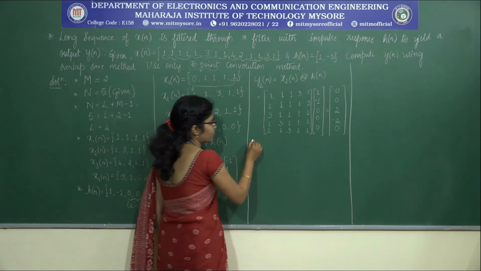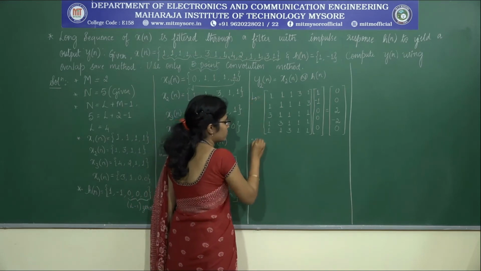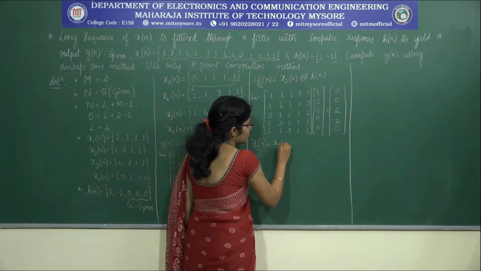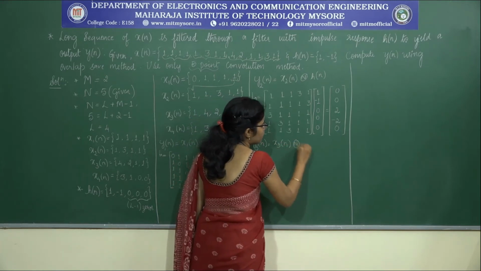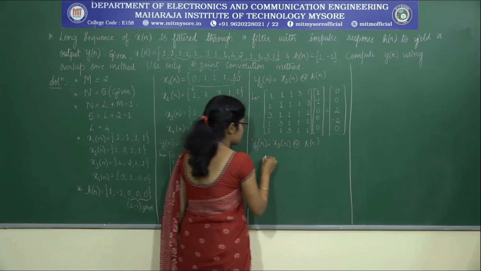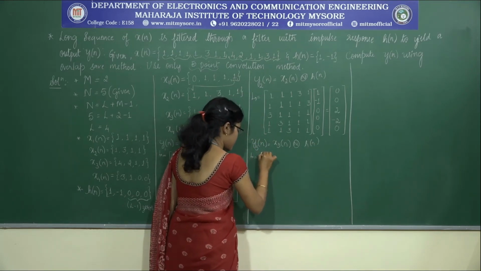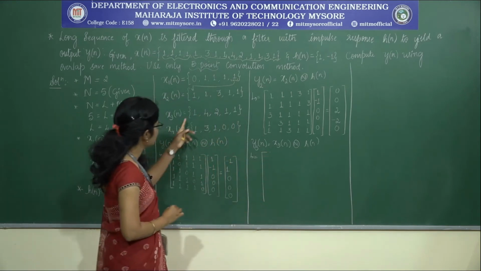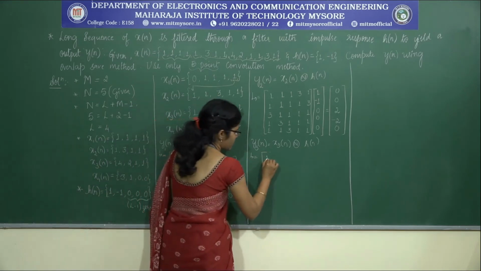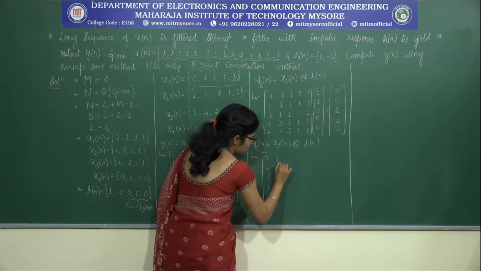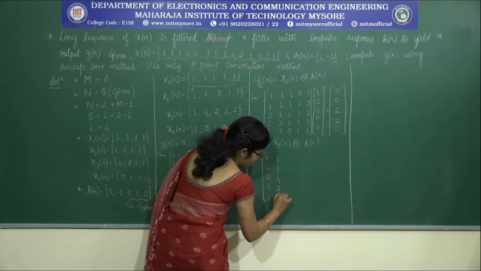Now find out y3 of n. So this is y2 of n. So y3 of n is nothing but equal to x3 of n circular convolution with h of n. So this is nothing but equal to, what is x3? So this is x3, that is 1, 4, 2, 1 and 1. Start shifting 1, 1, 4, 2, 1.